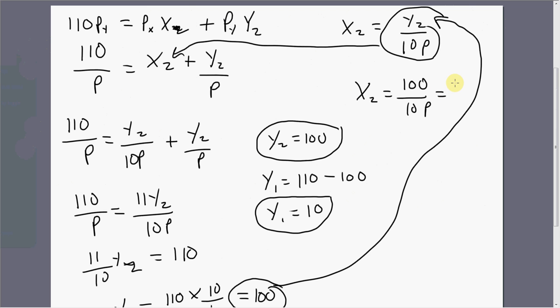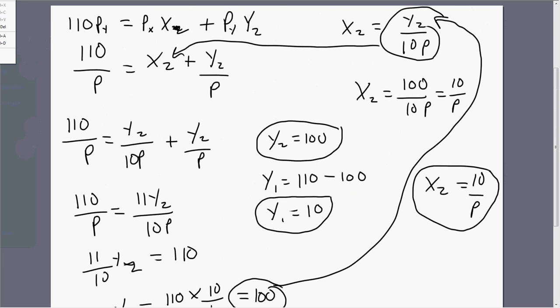And we're left with 10 over p. So let me write that up too. Okay. All right, let me go now to a clean page and sum some of these things up here.